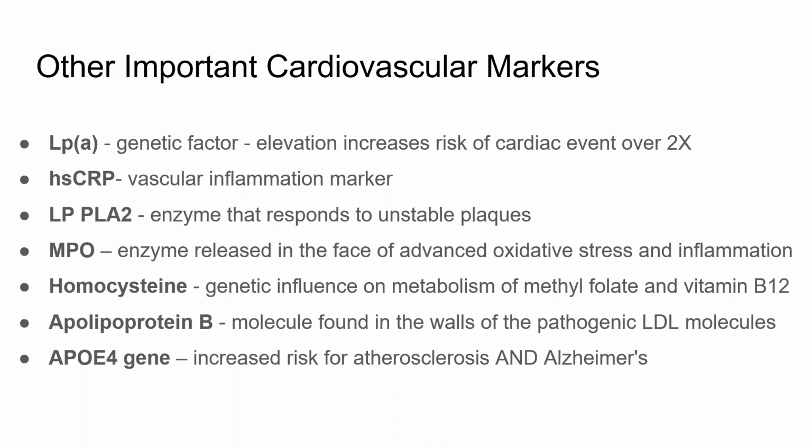There's ApoB, which is a carrier of LDL. The ApoE4 is a gene that if you have that, you have an increased risk of heart disease. And also it's very closely linked to early onset Alzheimer's. And people are doing more genetic testing to determine these things. That's genetic testing, a whole other bag.